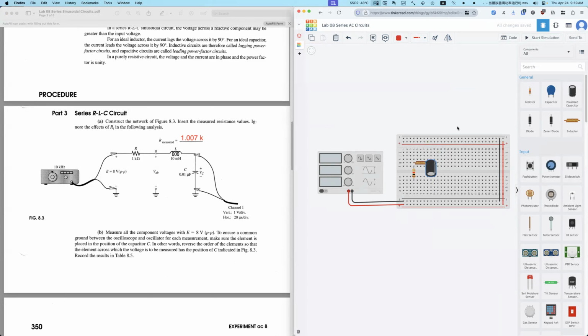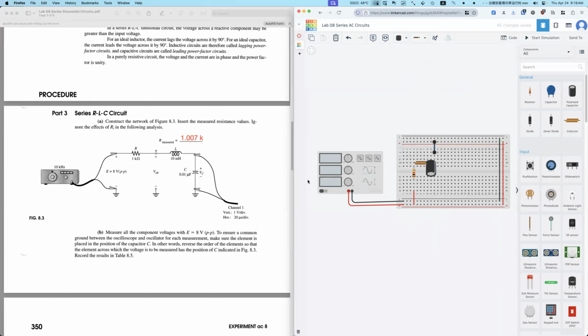Now I connect these 3 components in series. Next, connect to the power. The negative is already red. So connect positive first. This is the positive. Then this is the negative, connected to the ground. Change to black.